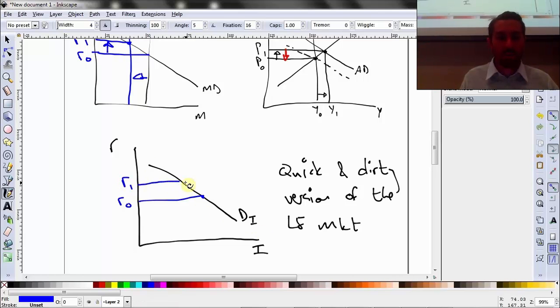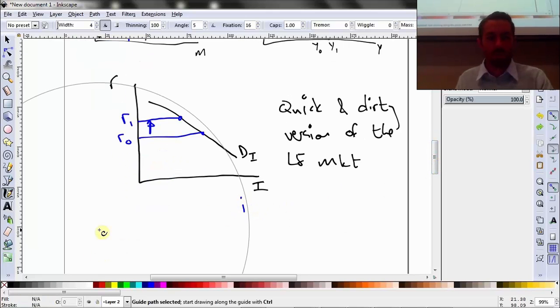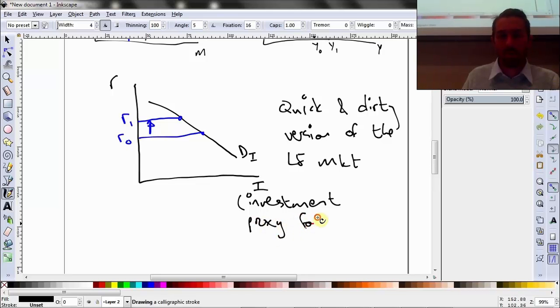Our interest rates also increase. And the demand for things like investment, or any other interest sensitive expenditure, so investment is just a proxy for any kind of interest sensitive expenditure.